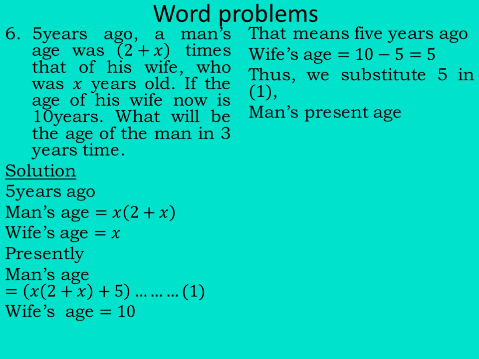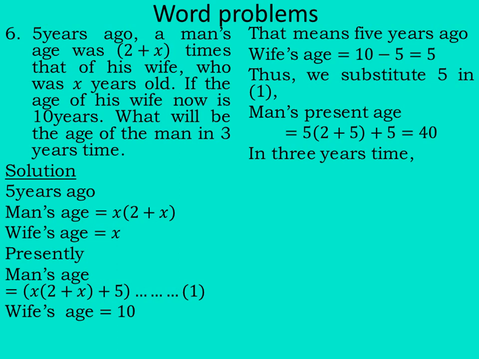So we have the man's present age to be equal to 5 into brackets 2 plus 5, plus 5. 2 plus 5 is 7. 5 times 7 will be 35. Plus 5, everything adds up to 40. So the present age of the man is 40.